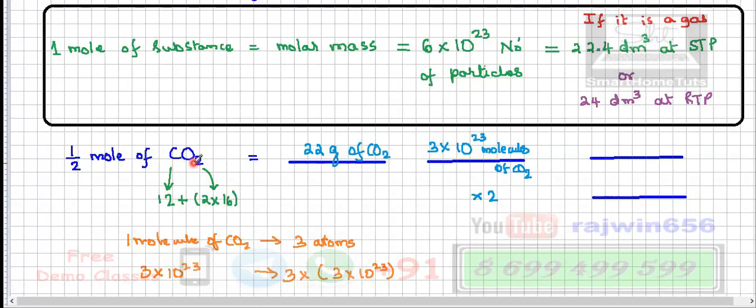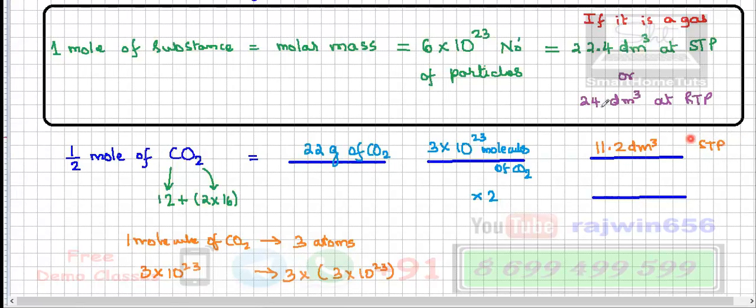Then the last part: if the condition is STP, standard temperature and pressure, 1 mole is 22.4 dm cube. Half mole will be half of this, which is going to become 11.2 dm cube of CO2 at STP.